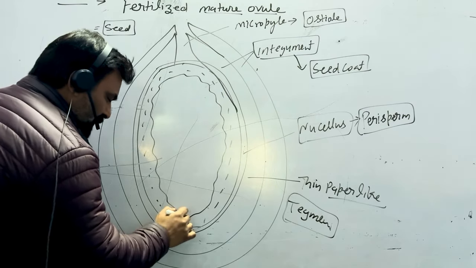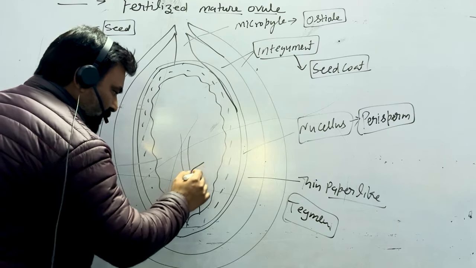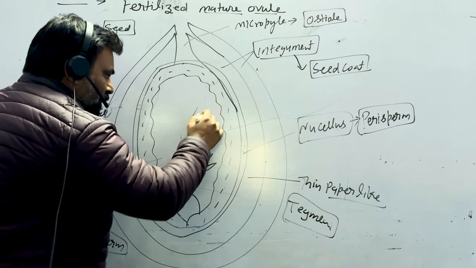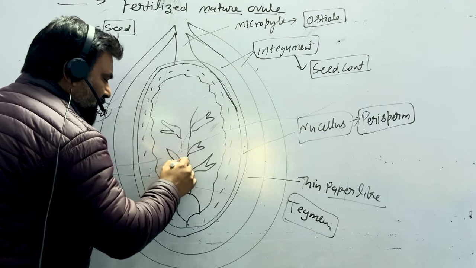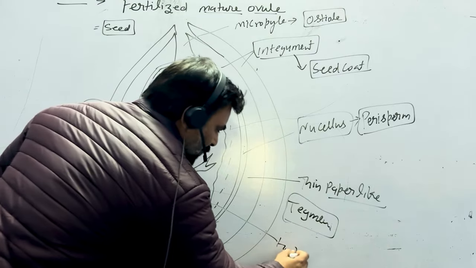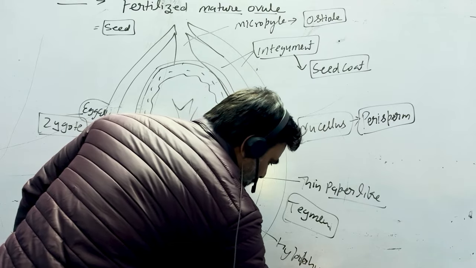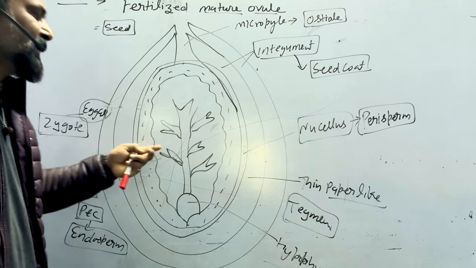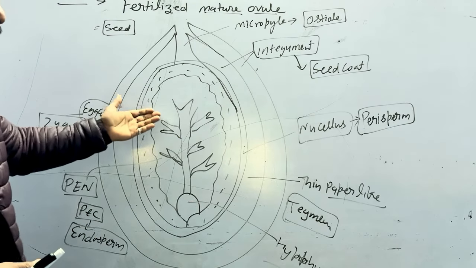And this is the embryo of a dicot seed. These are the embryonic axis and this is the hypocotyl. So these are some of the changes that occur in the conversion of an ovule to a seed.